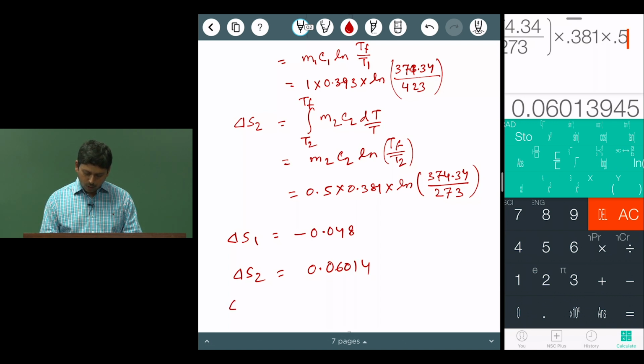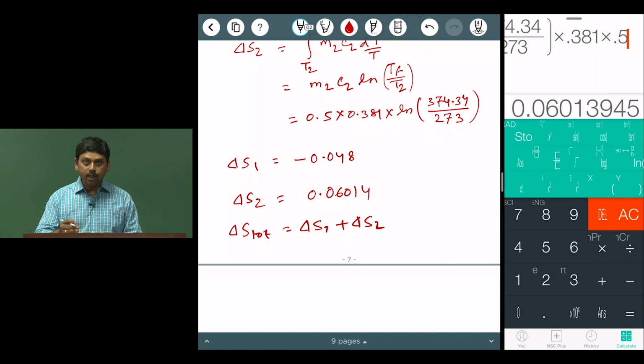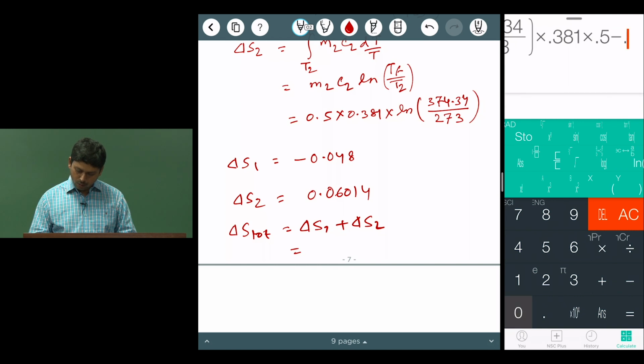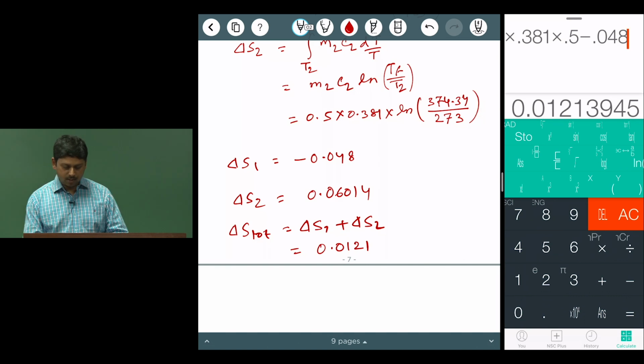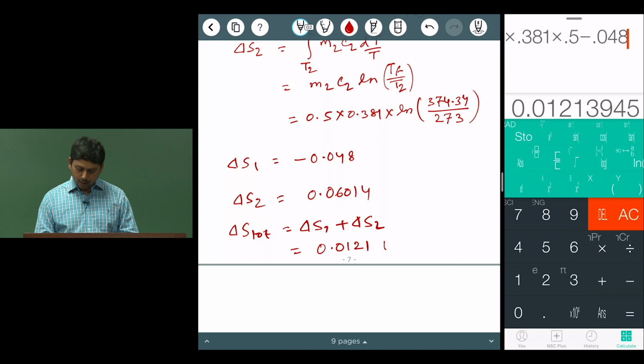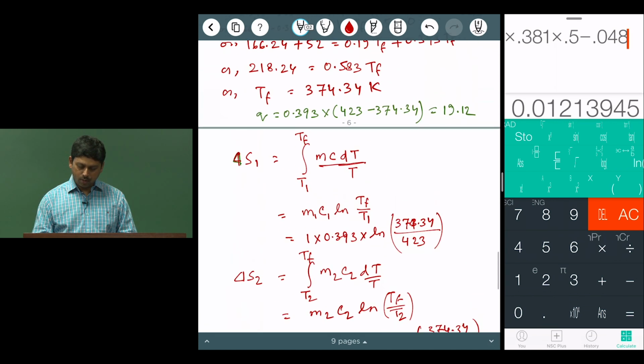Okay. Now, total S is S1 plus S2. So, as you can see, one part is losing entropy, another part is gaining. So, now if I just subtract this one, 0.048 approximately, we are going to get plus 0.0121, that much kilojoule per Kelvin if initial values are in kilojoule.